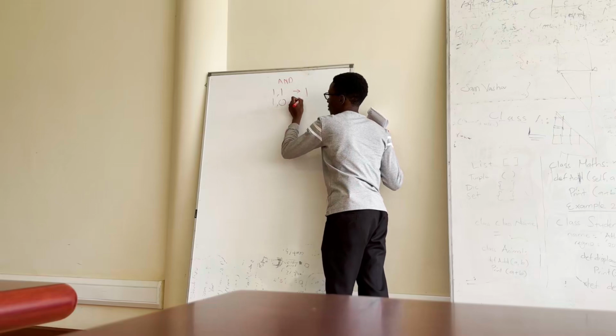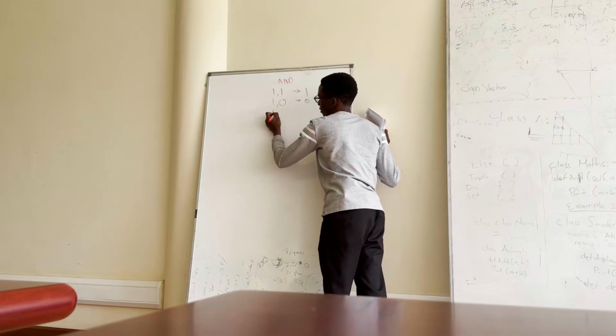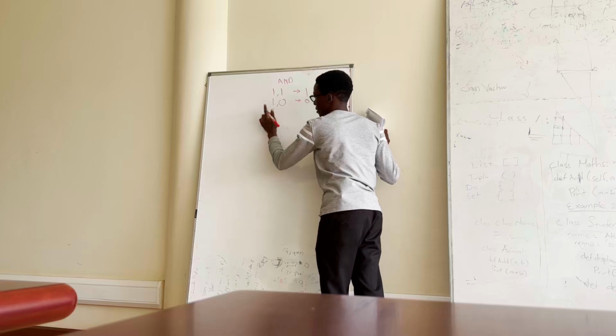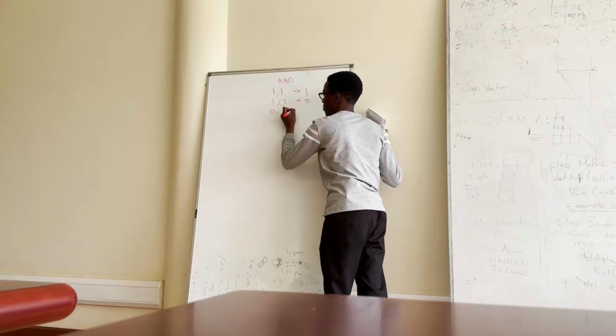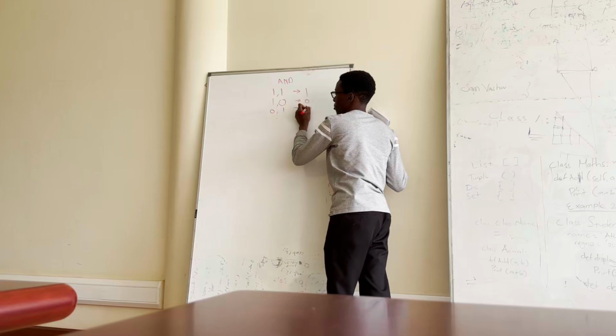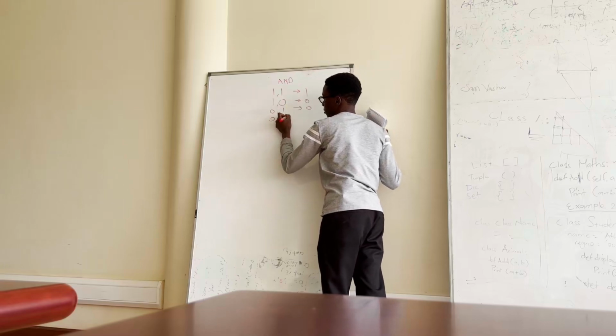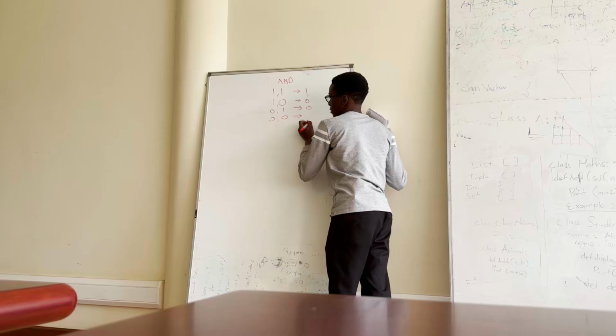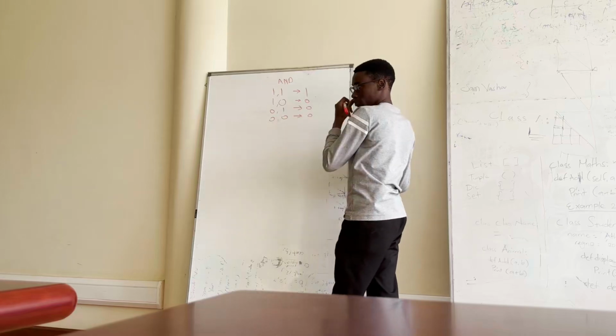Otherwise it returns a 0. If one is 0 and the other is a 1, this also returns a 0, and 0, 0 is also a 0.